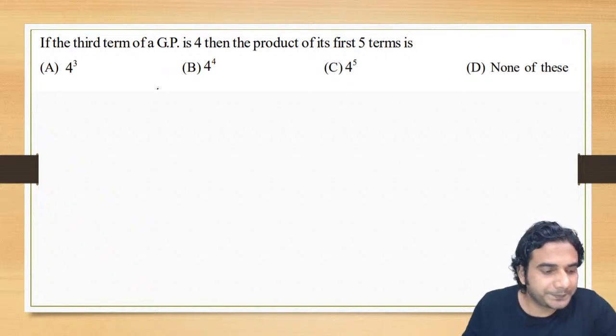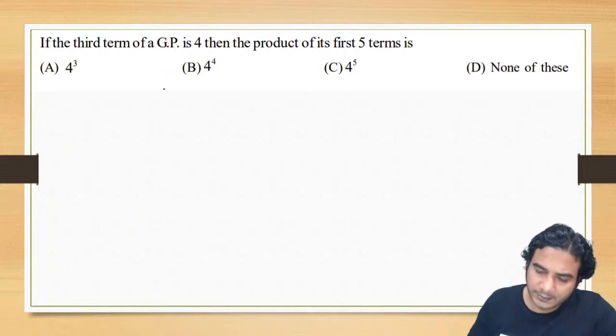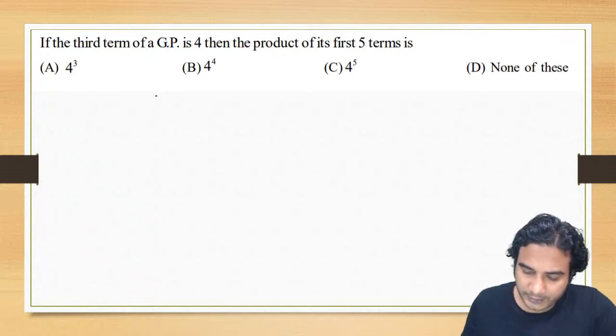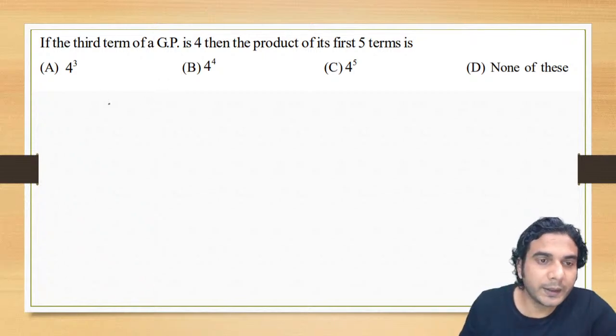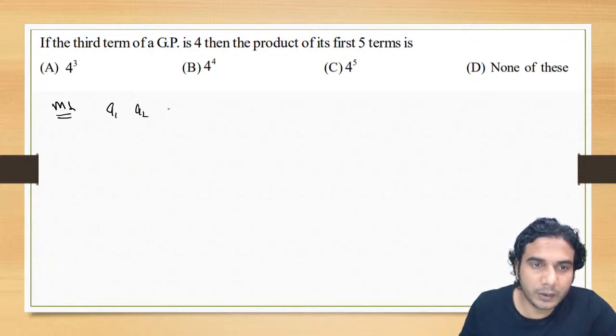All right, so yes. Actually, let's see. You're getting 4 raised to 5. If you have 5 numbers, A1, A2, A3, A4, A5, first I'll tell you two methods. Method 1: using the property in GP.